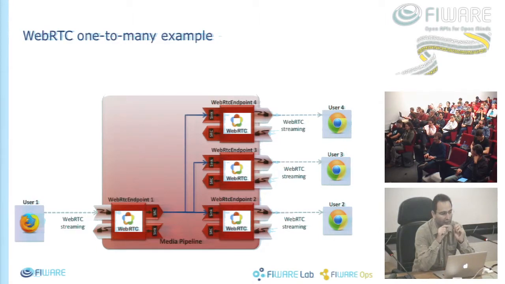I can connect the source of the media element on the left to as many sinks on the right as I want. You can see the idea, isn't it? So for adding a new viewer, in my code, I just need to instantiate a new WebRTC endpoint and connect it to the presenter WebRTC endpoint, the master WebRTC endpoint, which is the one depicted on the left. Okay?